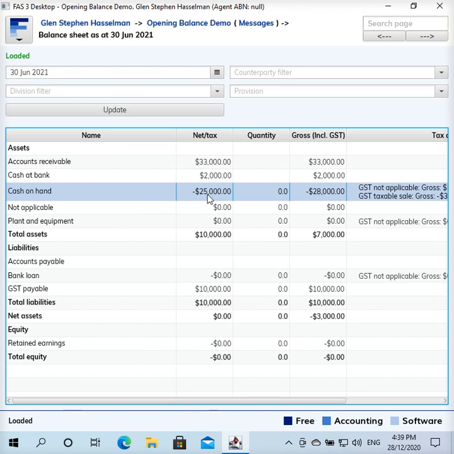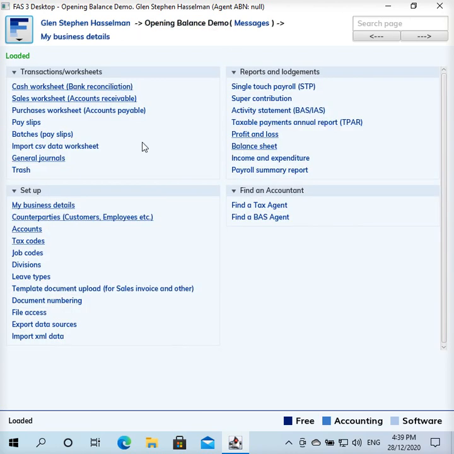But yeah, so it's a $25,000 credit, and this is the final bit of the puzzle, so that should zero it out, unless you do actually have some cash on hand, in which case it should move it to the correct balance. Okay, so let's go and do this journal.